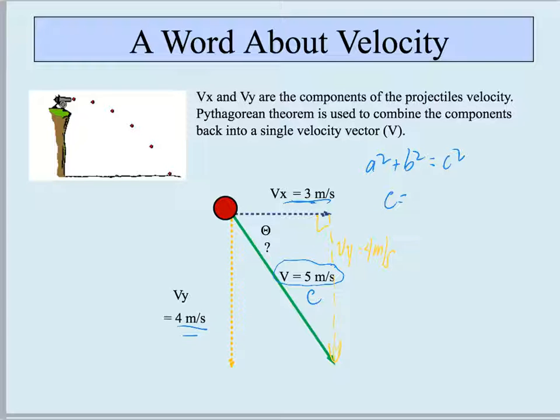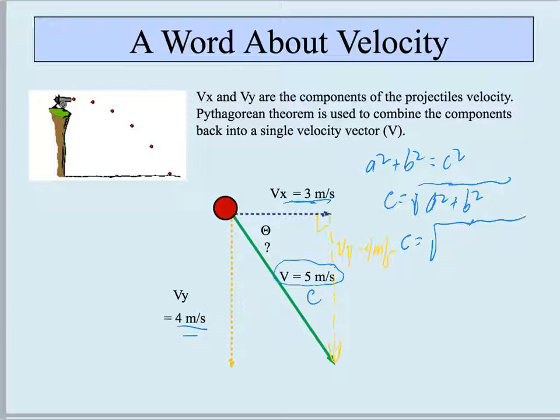So if I was going to rearrange, I would just square root it to get rid of the squared on the c. And then a, it doesn't matter which one I call a or b, so let's just call a the Vy. You would write it like that, and then you would start plugging in your numbers.